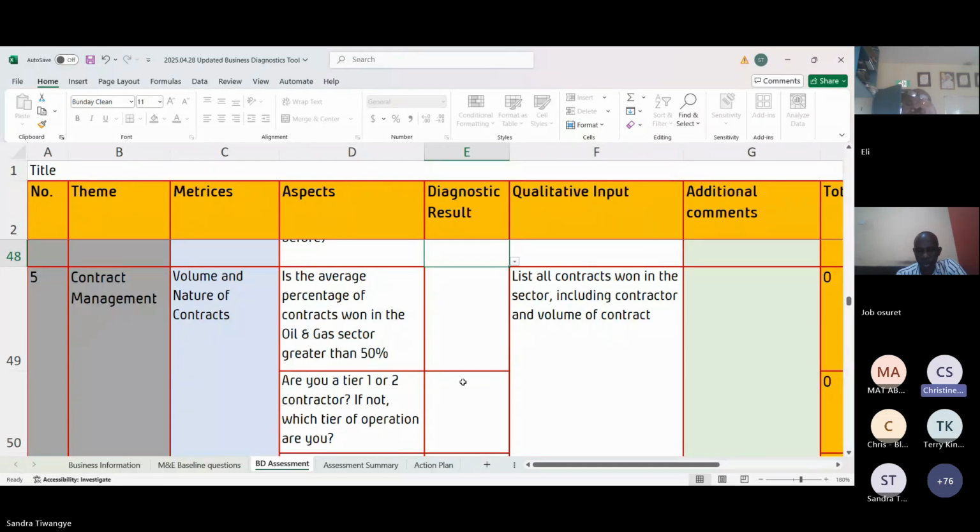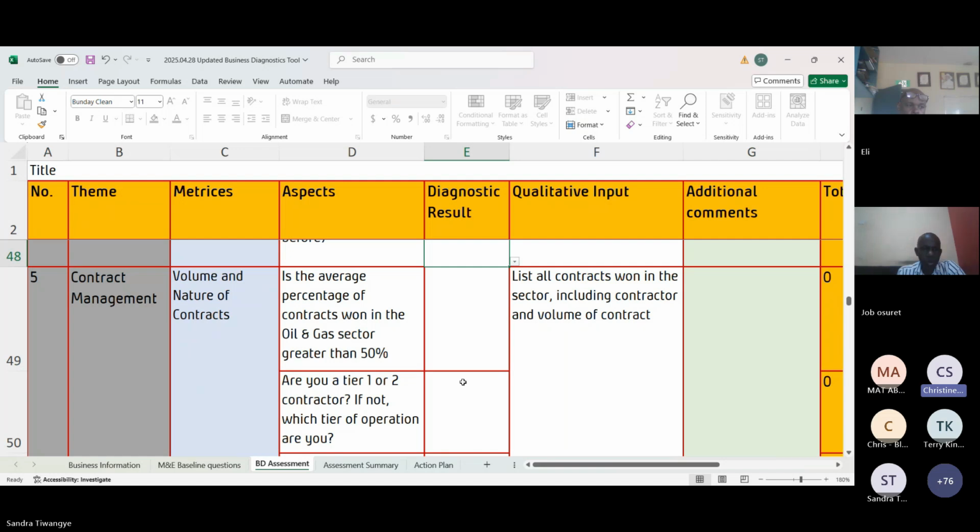In fact, if any company is not giving you feedback, despite a follow-up, you have all the authority to take it up with the Petroleum Authority of Uganda because they are mandated to provide you with feedback on why you're not winning bids. However, at the IEC, we have sessions where we invite such contractors, tier 1 contractors, the IOCs. Usually they give feedback when we have a bidding requirement session.